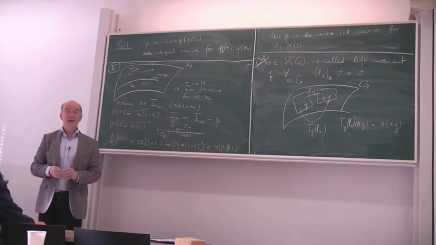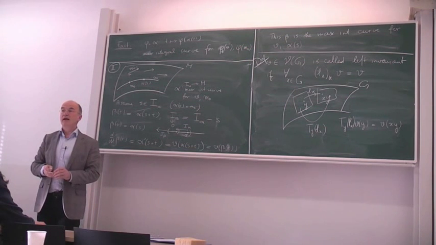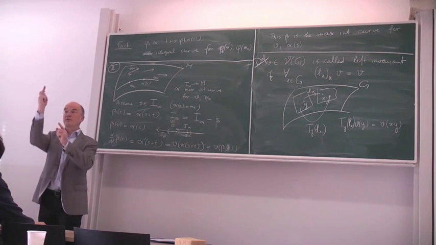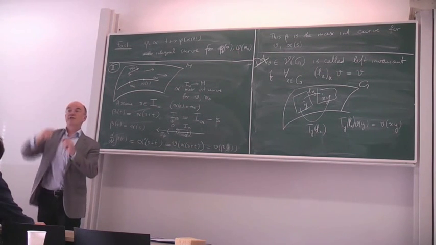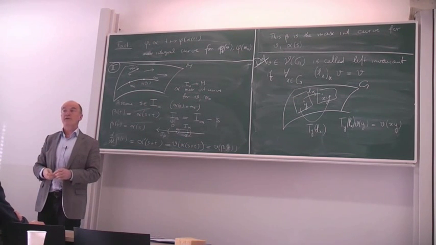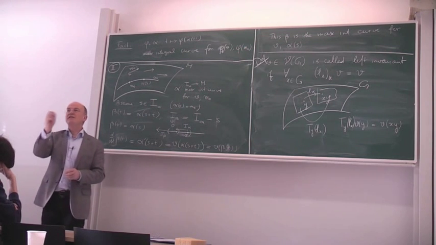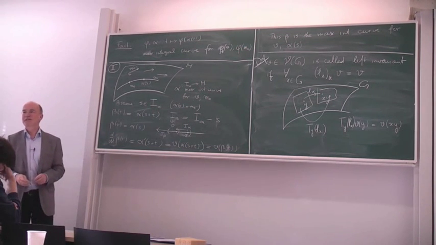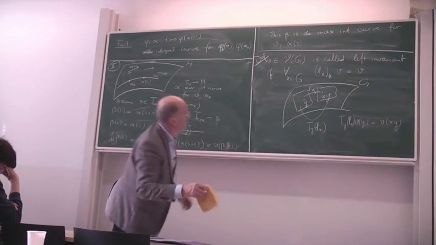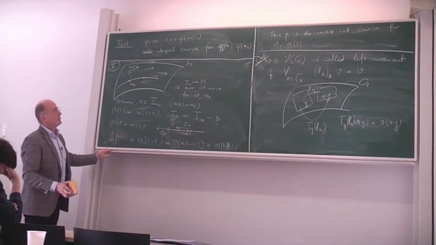No. For instance, think of the circles in the plane. Well, then you can make a vector field pointing in all these directions, and so the circles can be realized as integral curves of a vector field. Right? But I think it's better to discuss this in the break. Good.